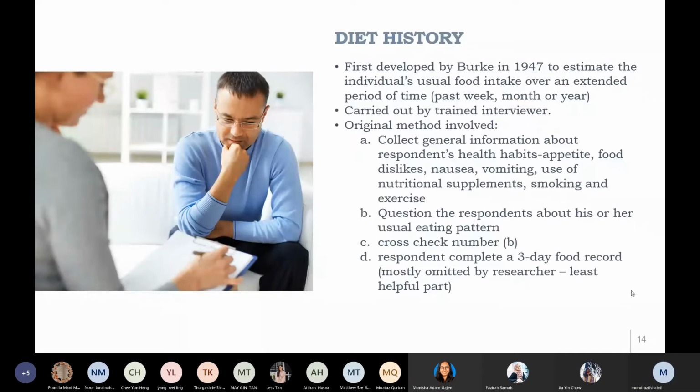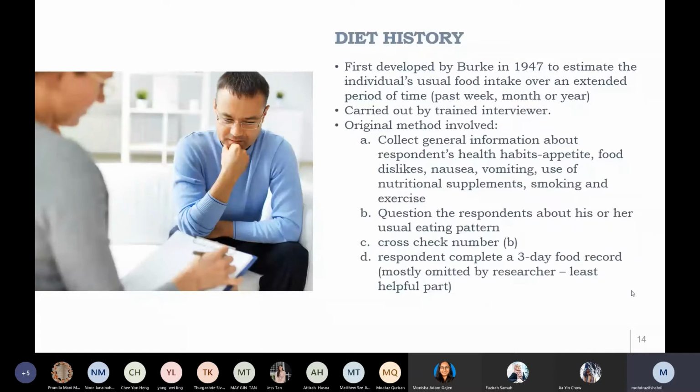So basically, we just ask the diet history, similar to 24-hour diet record, but over a longer period of time. The time frame is longer, so we'll ask what they usually consume for breakfast, and the respondents will explain that they usually consume nasi lemak, or if they couldn't find nasi lemak, they'll just buy curry puff and another two kuehs for breakfast.